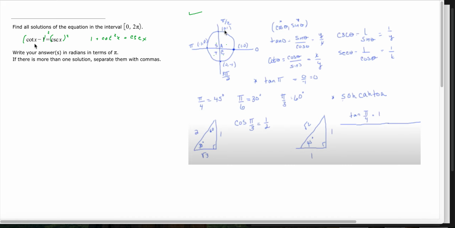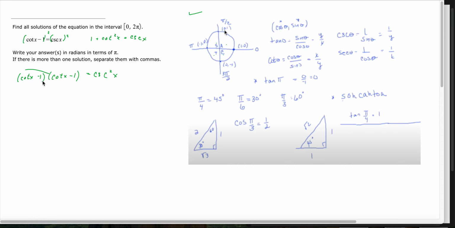So remember, if I square this side of the equation, then that's actually cotangent x minus 1 times itself. And then squaring cosecant x gives me cosecant squared x. So I'm going to have to FOIL right here, right?